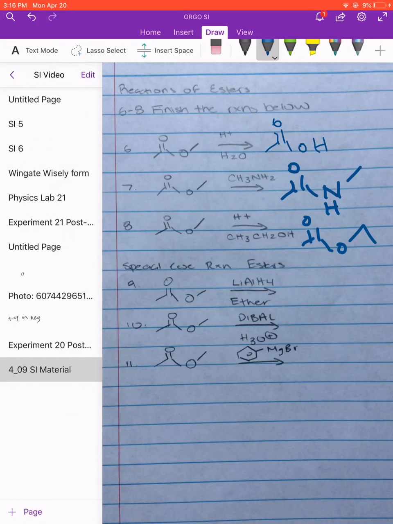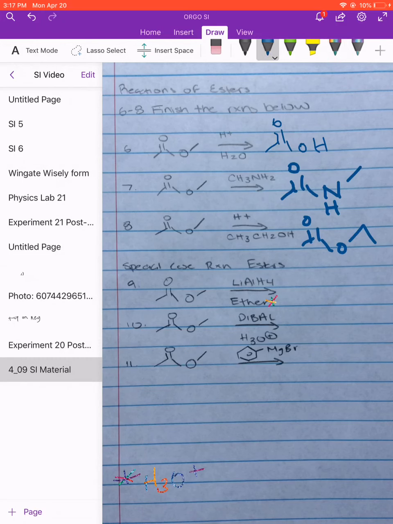So, special case reactions of esters. For number 9, we have LiAlH4 and ether, and I forgot to put in here, but let me do it right now. That little star right there means that there also needs to be H3O plus.